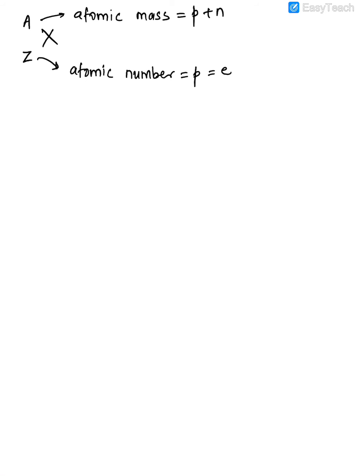Now the second thing, let's say for example you're given some element X, with 32 on top and 17 at the bottom. Tell me, what will be the atomic mass, atomic number, number of neutrons, number of protons, and number of electrons? The atomic mass here will be 32.